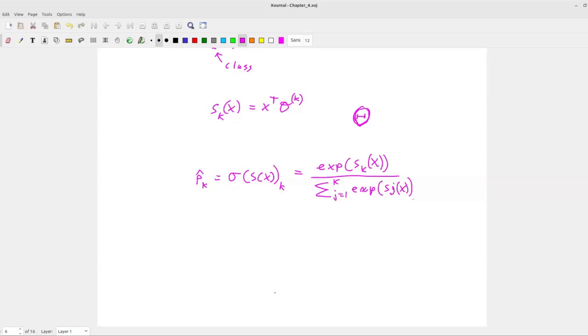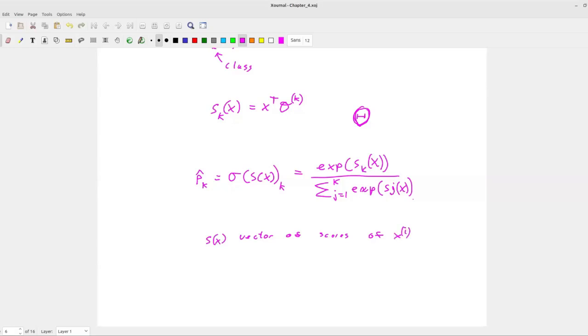So in this sense, K is the number of classes, s of x is a vector containing all the scores of x for a particular instance.